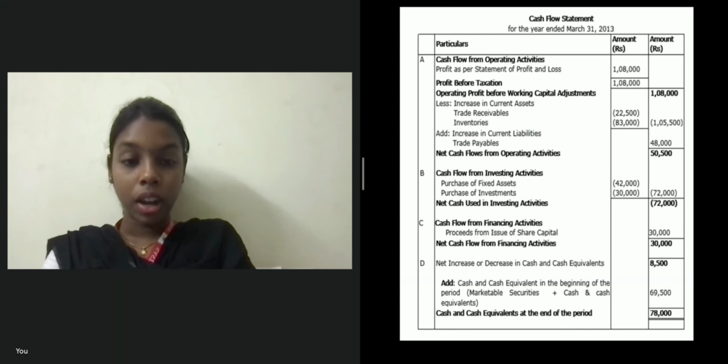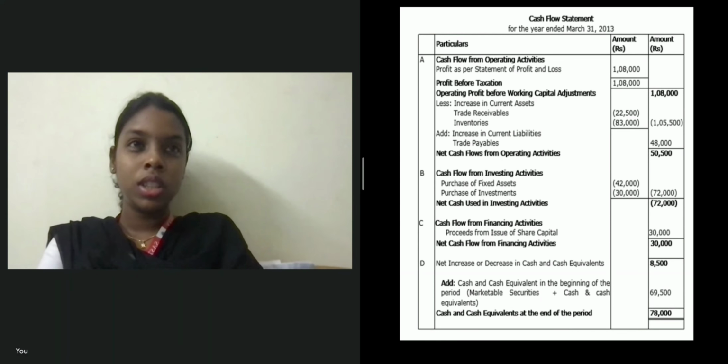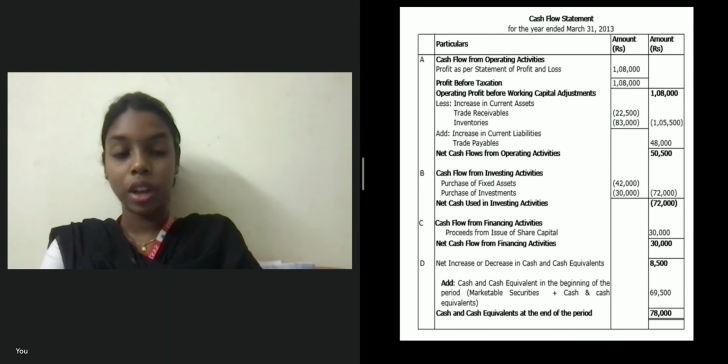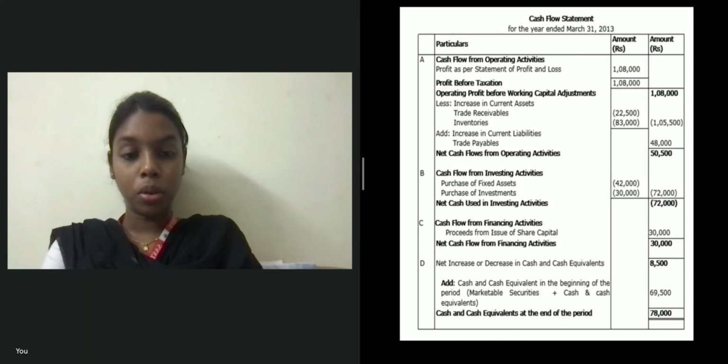Then we add the cash and cash equivalents at the beginning of the period, which comes under marketable securities and cash equivalents, which is 60,000 of marketable securities and 9,500 of cash and cash equivalents. So the total comes to 69,500, and the balance and total amount is 78,800 for the firm. This is the cash flow of a firm.